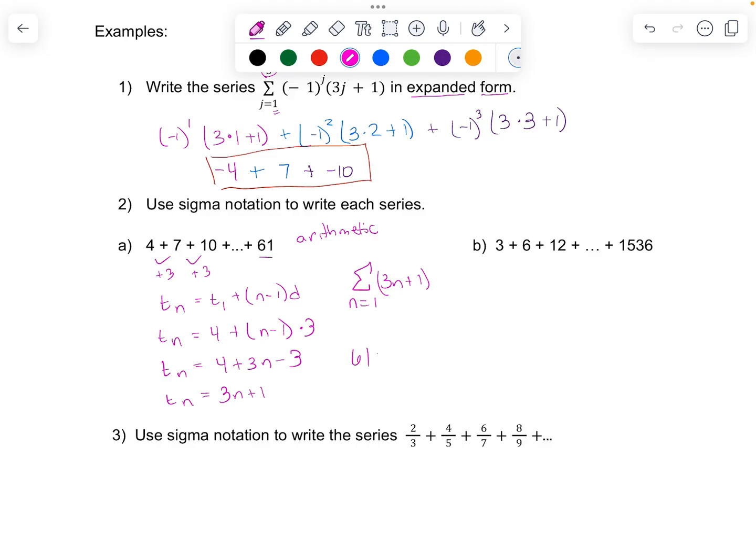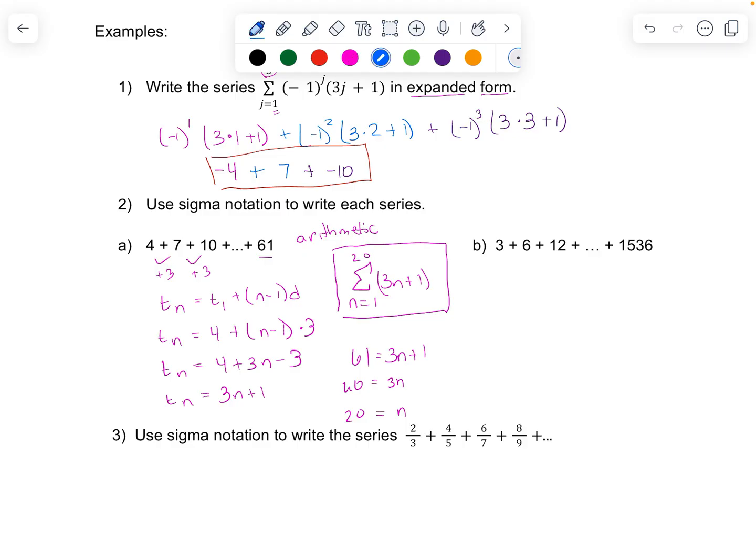So 61 is equal to 3n plus 1. So 3n is equal to 60, which means n is equal to 20. So my top number would be 20. So my sigma notation, my summation notation would be the summation from n equals 1 to 20 of 3n plus 1.